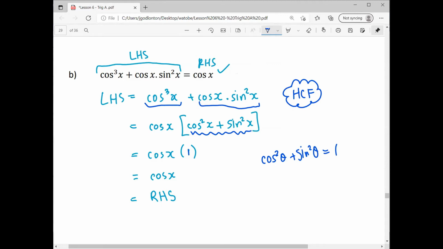Okay, so let's have a look at our next question. It's not definitely necessary to write left-hand side and right-hand side, but whenever we can do something that makes the marker's life easier, we want to do it because then we're putting the marker in a good mood.